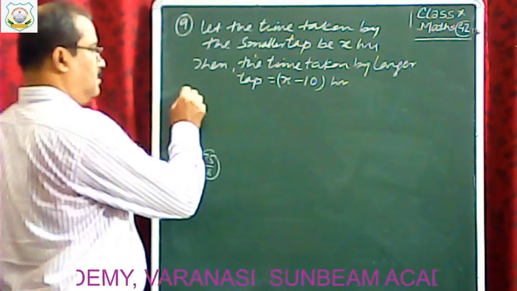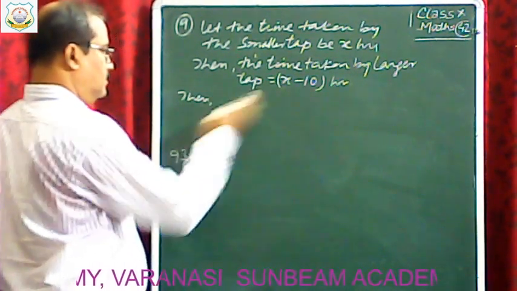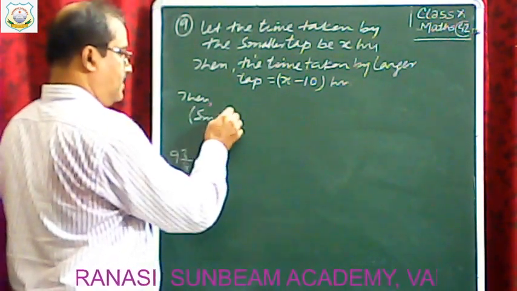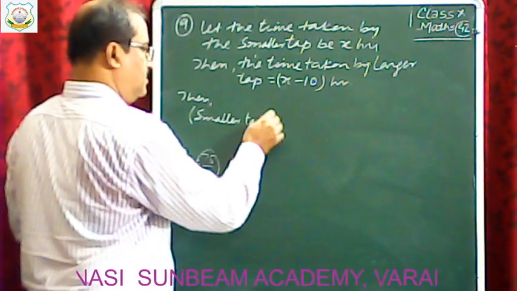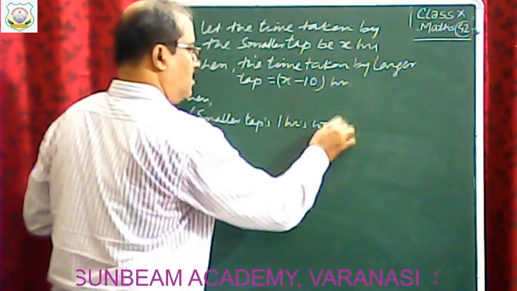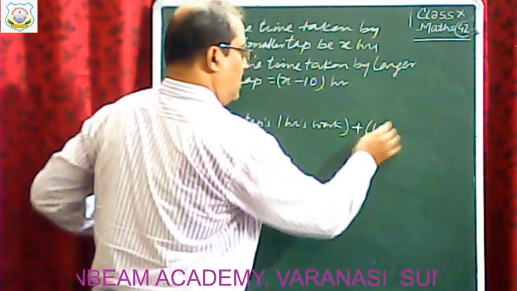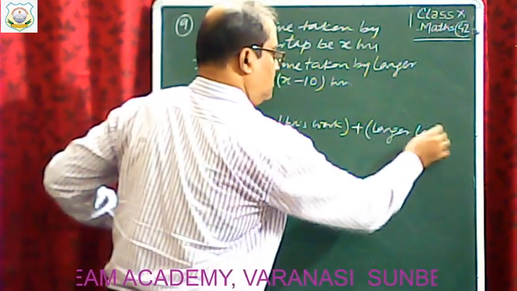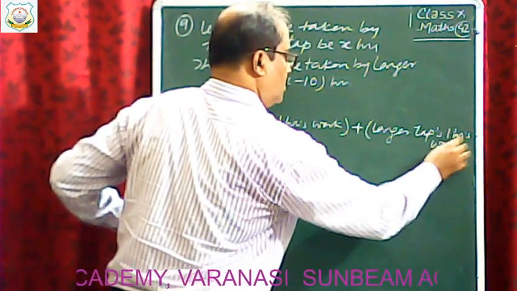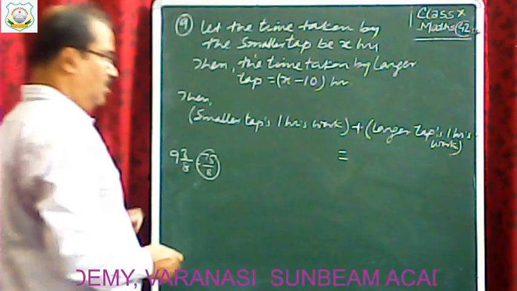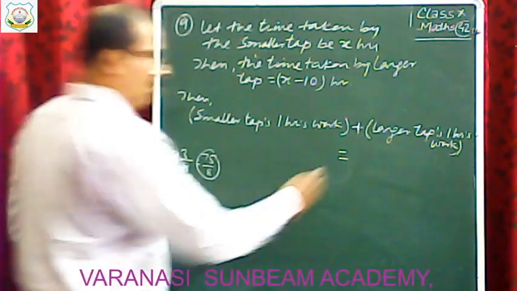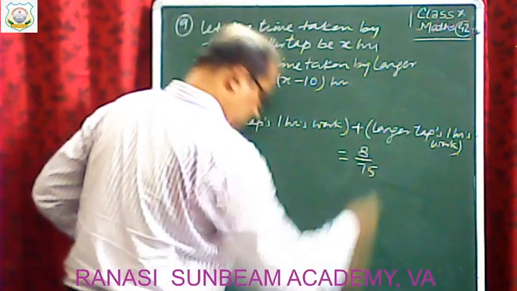So the smaller tap's 1 hour's work plus the larger tap's 1 hour's work equal to, total time taken 75 by 8, so together the 1 hour's work is 8 by 75.